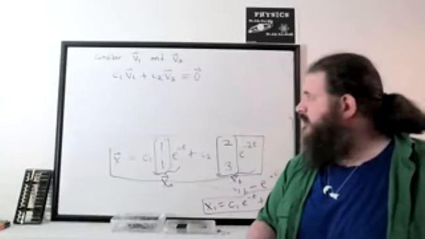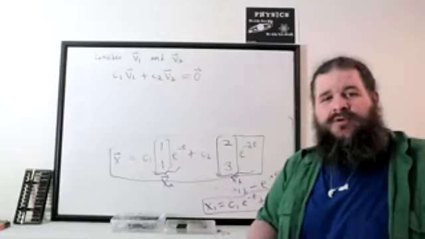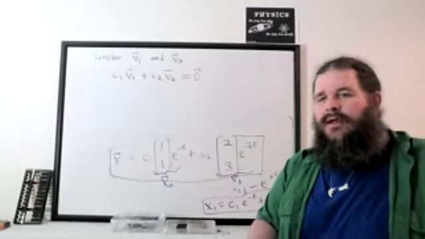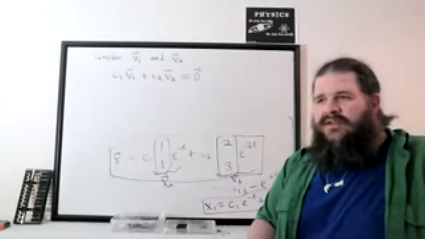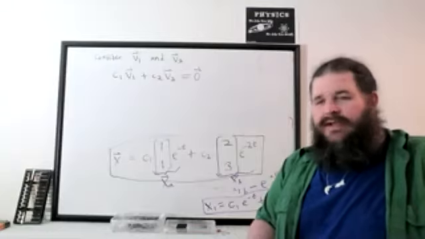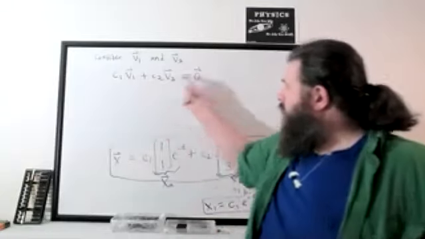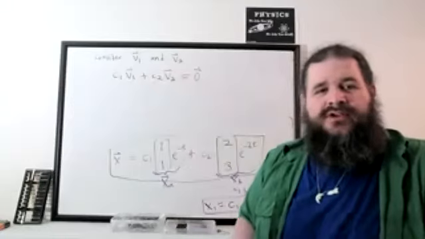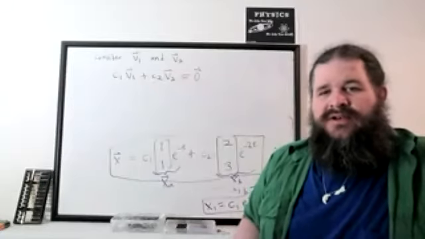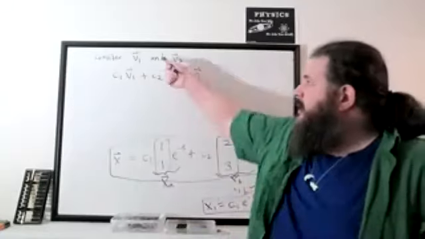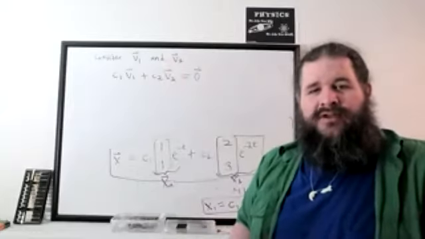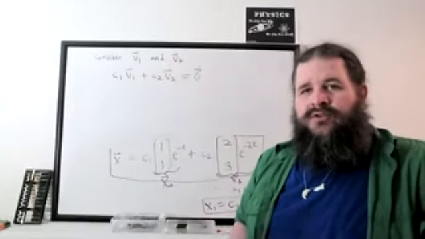Yeah, if c1 and c2 are 0, then of course this is going to be true no matter what v1 and v2 are. That's usually called the trivial solution. It's called the trivial solution because yes, it's true, but it doesn't really tell us anything interesting about these vectors. It's just true for all vectors anyway. So the trivial solution always works.